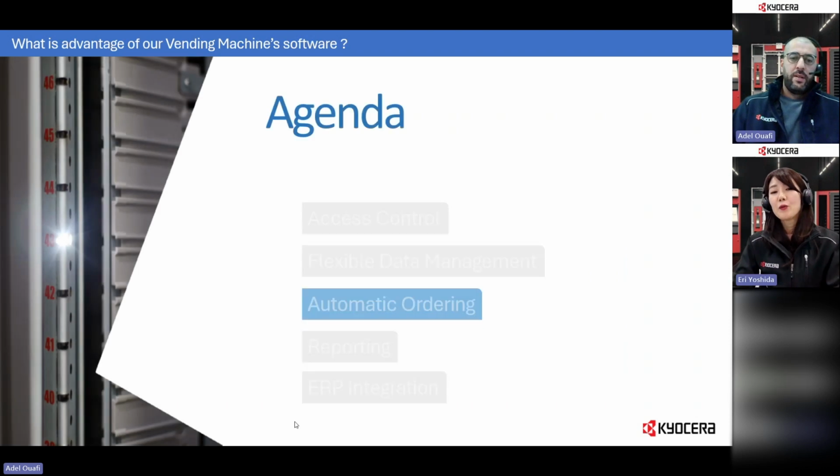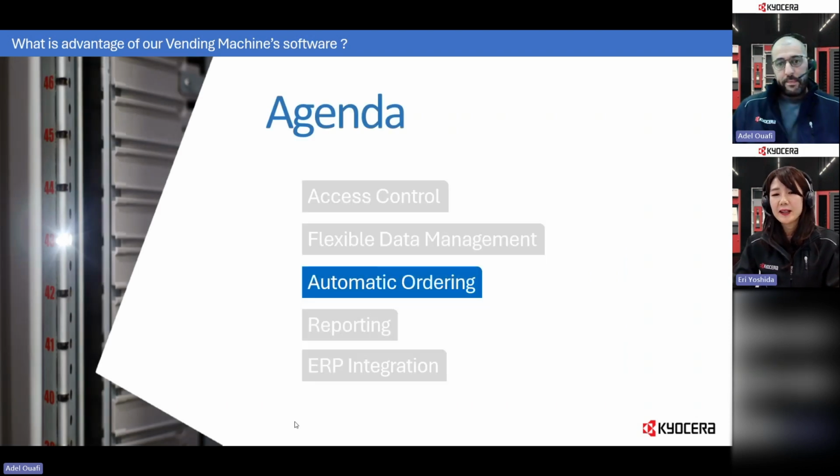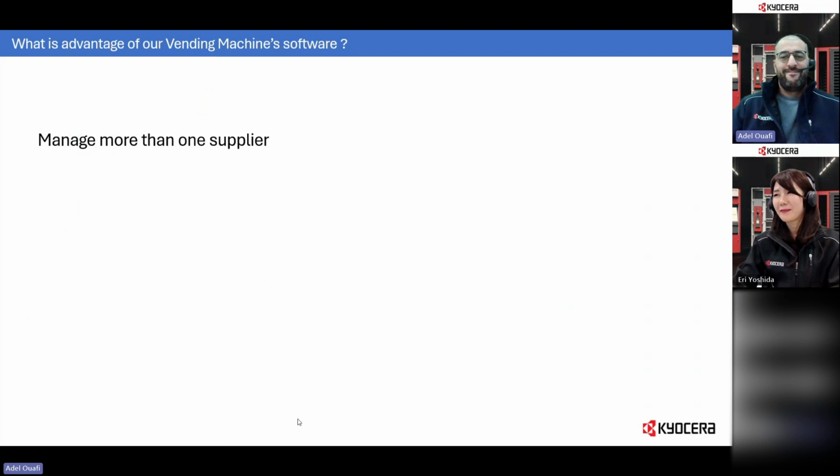So now we will move on to the next topic. When we ask our customers how they utilize the vending machine, the most frequent answer is automatic ordering. It will order the things you need when you need them. So let's talk about the functions of automatic ordering.